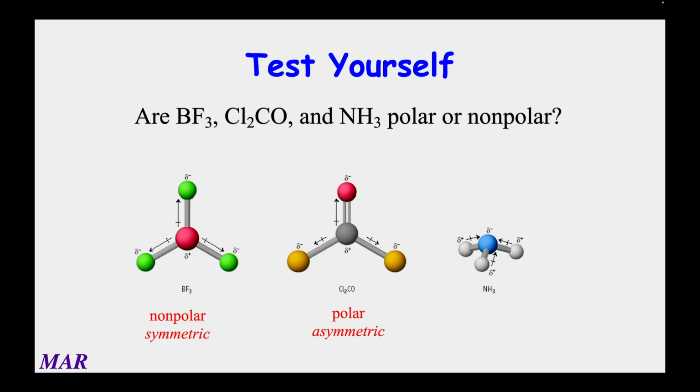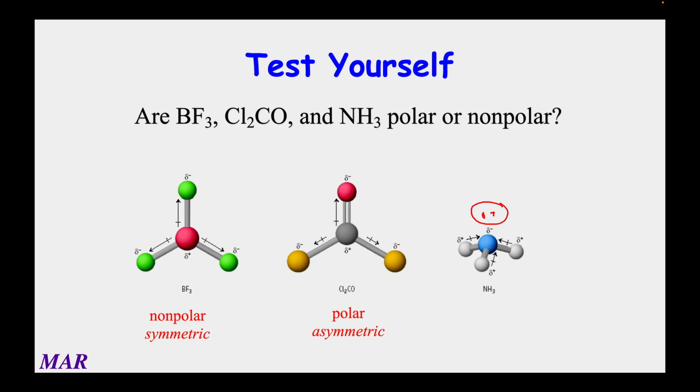Now the last one, NH3, at first looks like it's symmetric, like there's hydrogens connected to the nitrogen, and it looks like everything's good to go. But you have to be careful because sometimes lone pairs are not shown. That's the molecular shape or molecular geometry for NH3, and a lot of times they won't show the lone pairs. So that nitrogen has more than just hydrogens around it.